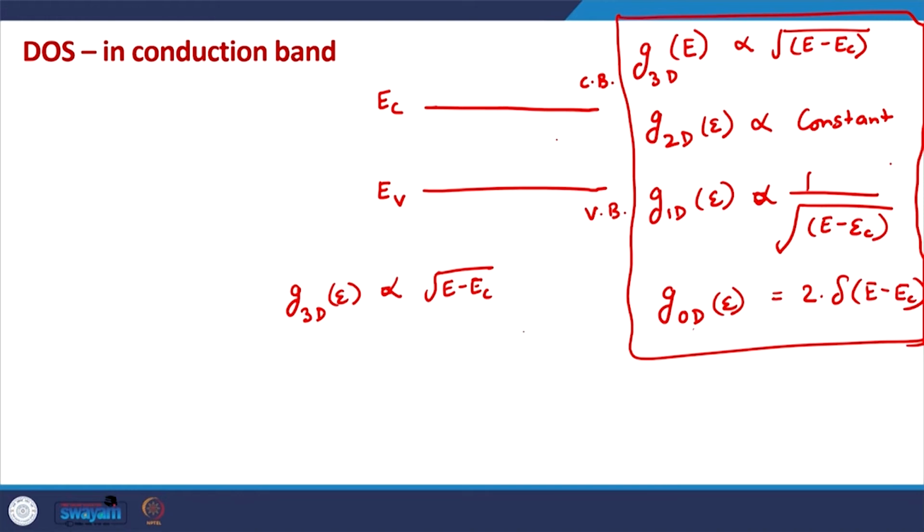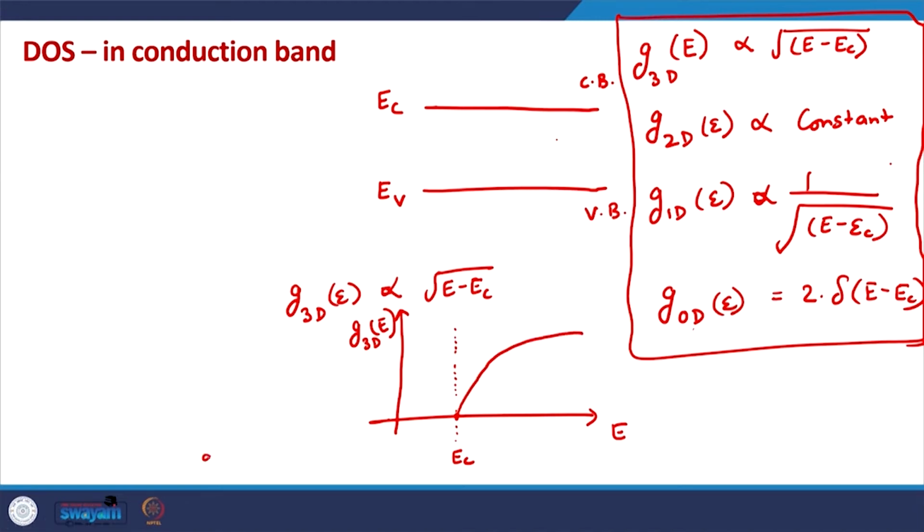What it says is that the plot of density of states in a 3D material in the conduction band as a function of energy will now be shifted to the edge of the conduction band. So, if this point is EC, this function would be plotted like this.